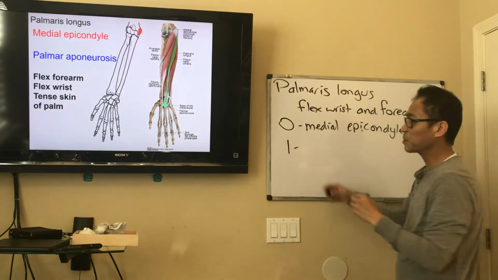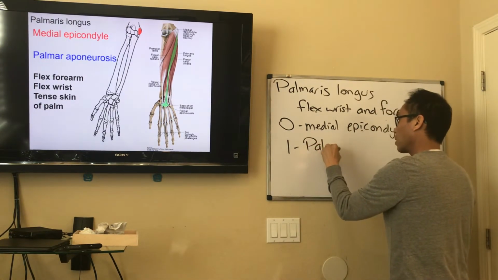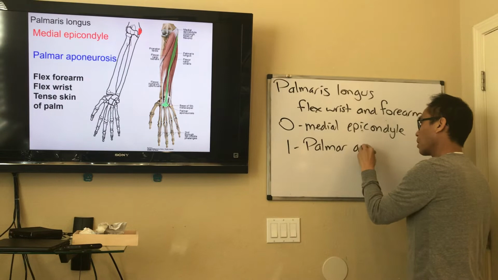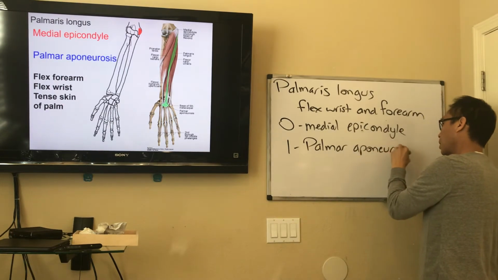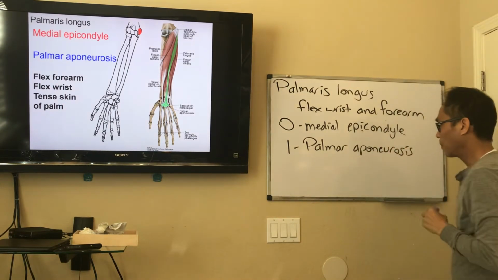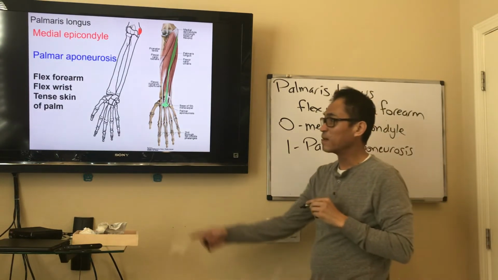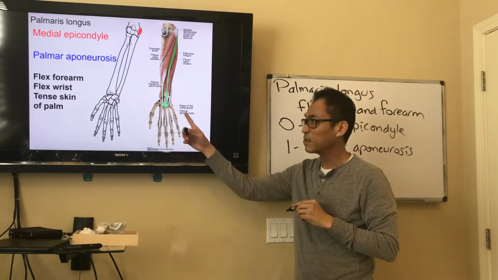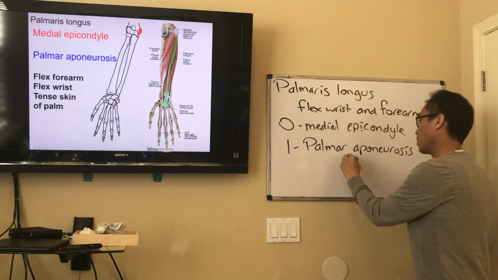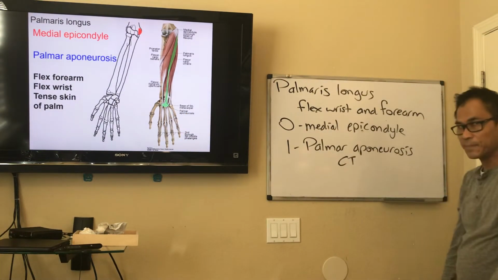And because it inserts on the palmar aponeurosis, which is a connective tissue deep to the skin. It's not skeleton, it's connective tissue, CT, just like the bicipital aponeurosis.